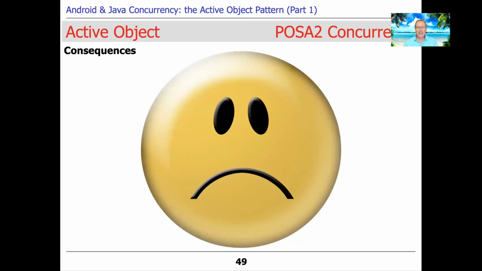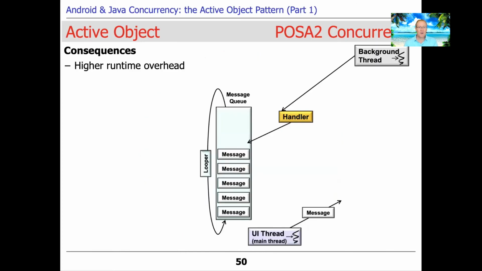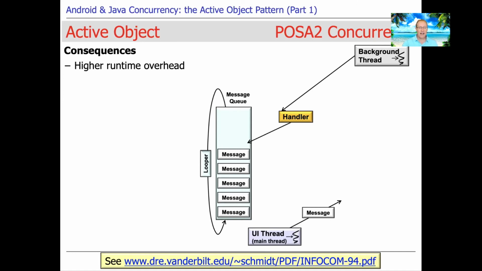As always, not everything is hunky-dory, not everything is rainbows and unicorns, so there are some downsides, some limitations to this pattern. One potential limitation, and of course this is all relative to various things, is there may be some higher runtime overhead, and this runtime overhead is going to be incurred because of just the properties of concurrent programming. When you start passing information from one thread to another, there's going to be more synchronization and locking overhead.